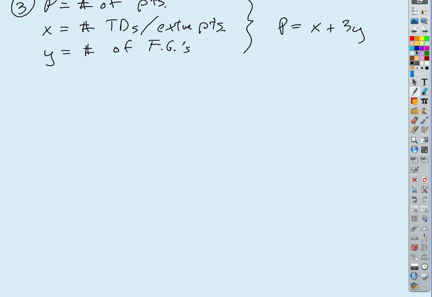He wants to beat his record, so he wants the number of points to be greater than 24, right? And 24 is the record, so he needs to be bigger than that. Okay, so X plus 3Y has to be greater than 24. There's inequality number 1. I usually only have one inequality.